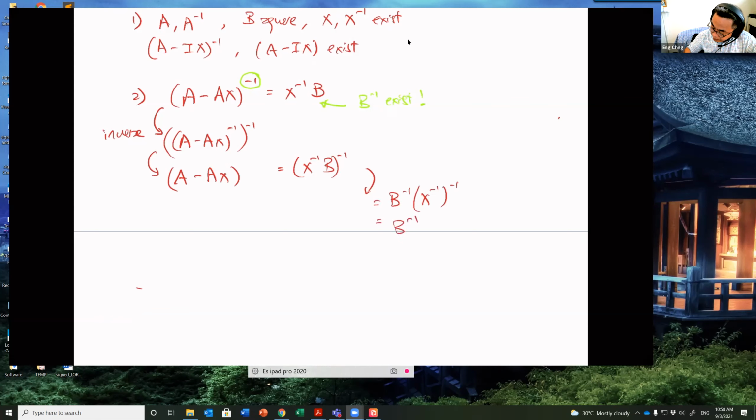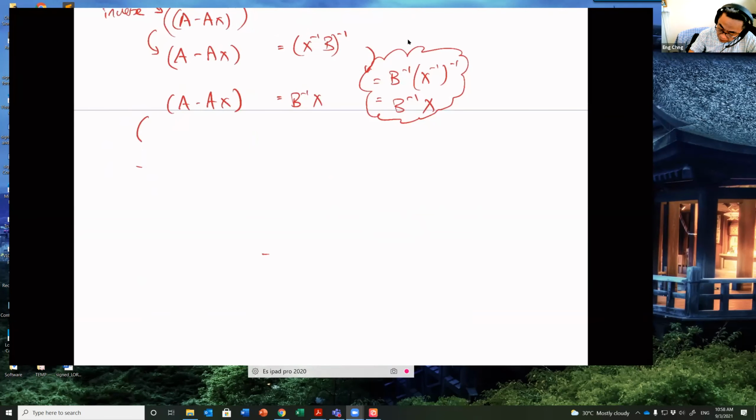So this reduces to B minus 1, X. The left-hand side, A minus IX still. We're going to move all the X to the right-hand side. So we are left with A equals to AX plus B minus 1X.